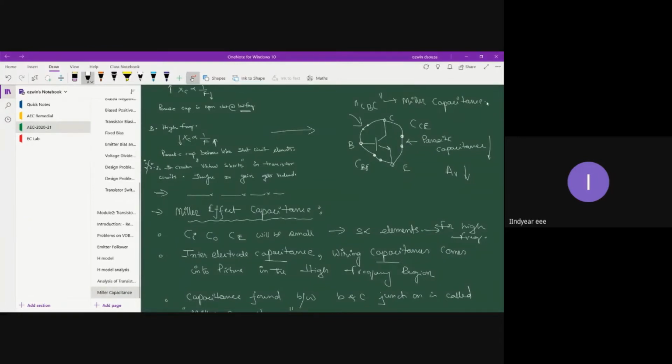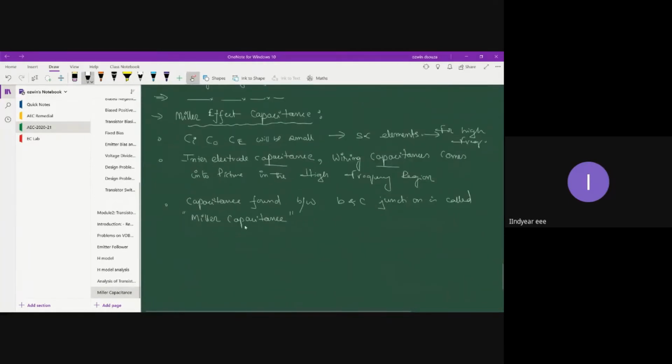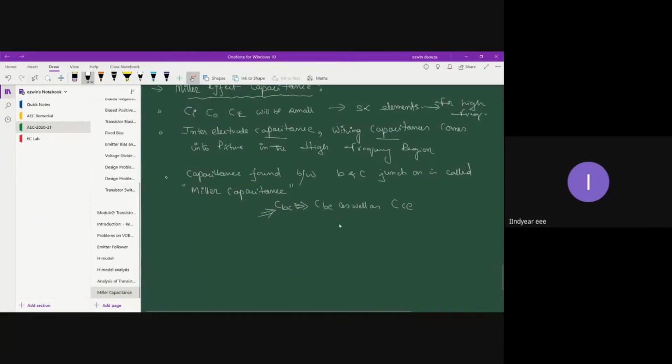We'll be paying attention to Miller capacitance, let's say CBC, which we will take as Miller capacitance. This CBC is very big in comparison with CBE as well as CCE. So out of the three capacitance effects, this Miller capacitance is the largest capacitance compared to the other two.